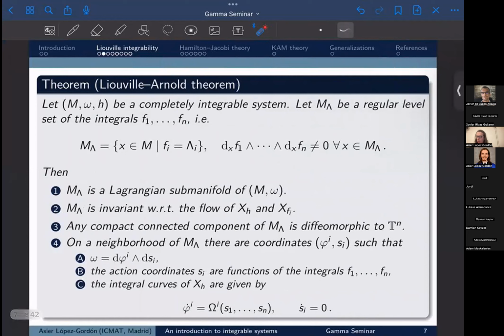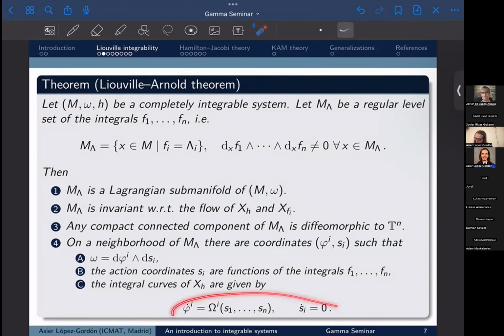Okay, so this is the main result, or one of the main results in the theory of integrable systems, called the Liouville-Arnold theorem. Let me first talk a little bit about the history of this theorem. Liouville, in the 19th century, wrote a paper in which he obtained what will be the fourth statement of the theorem I have written here.